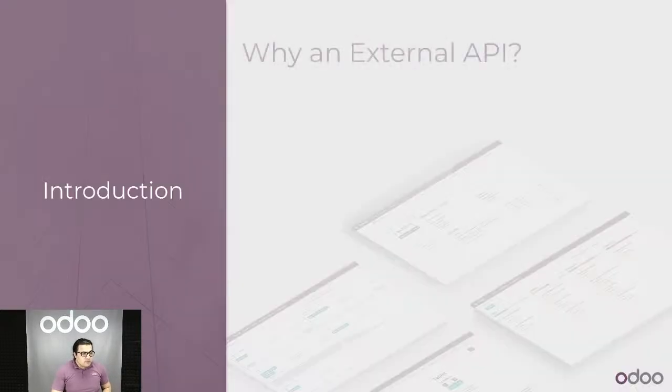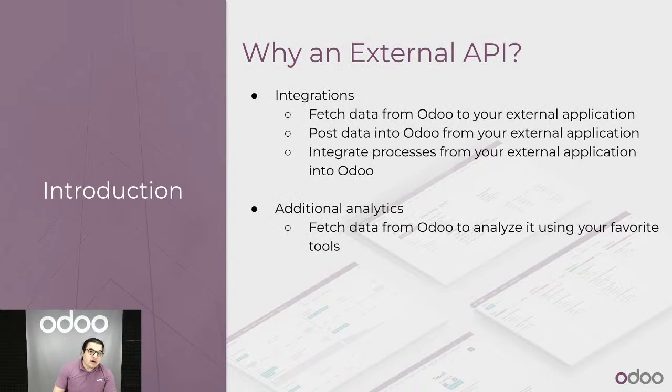So why would we need to use an external API? There are multiple reasons, but most commonly we have integrations and analytics. For example, let's say you have created your own in-house e-commerce platform, or you have your own internal IT processes, and you want Odoo to play part in those processes.